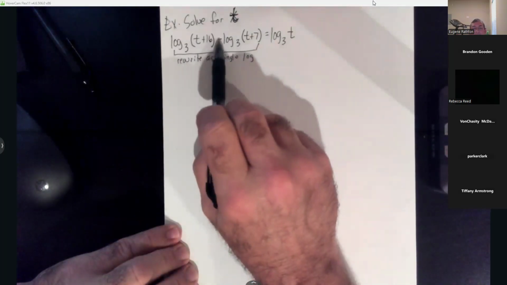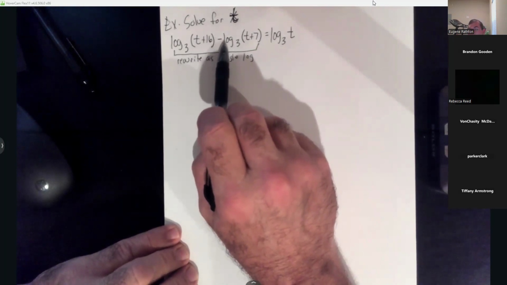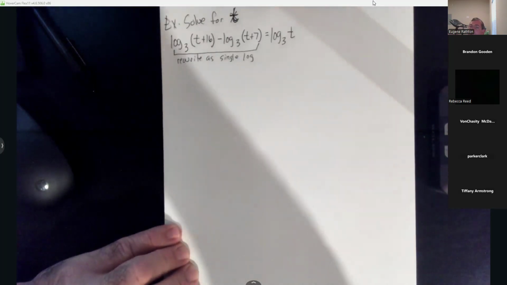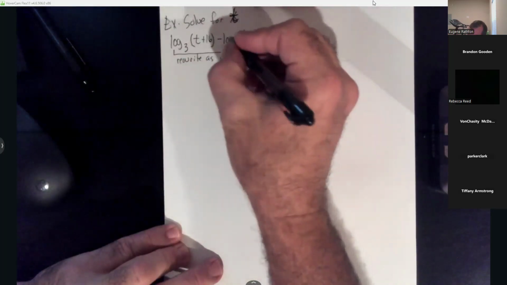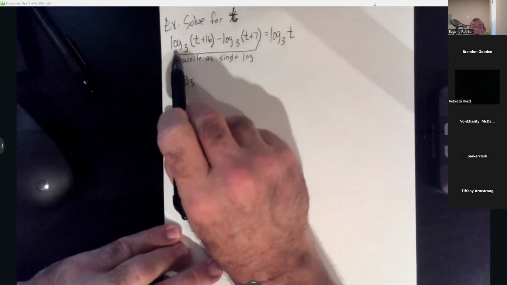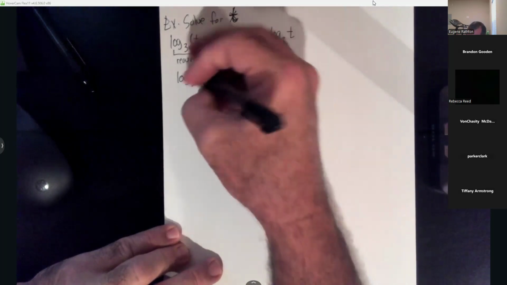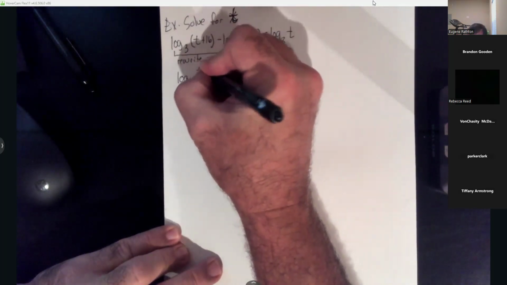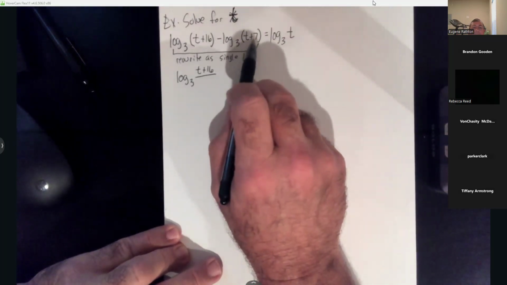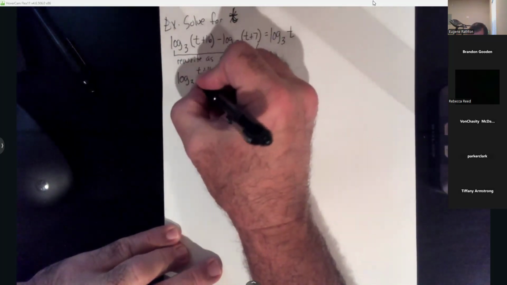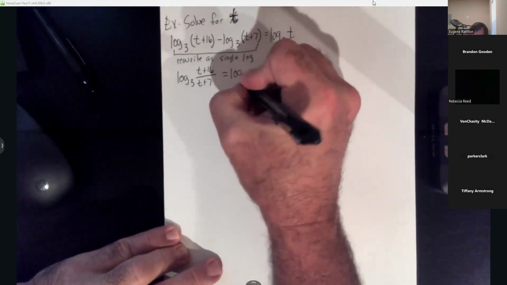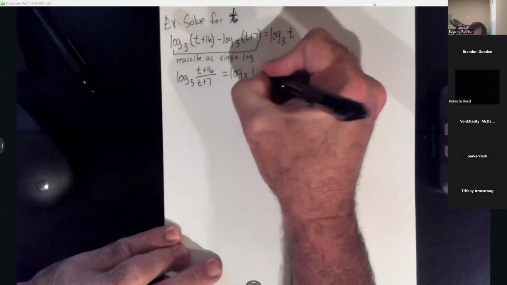Now, here's the thing on this one. This one's being subtracted, so it's going to look like a quotient. Bring out that log base 3. Remember, the positive factor went to the top, so that's the t plus 16. And the factor being subtracted went to the bottom, which is the t plus 7. That equals the right side, log base 3 of t.